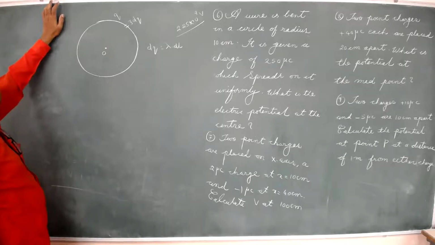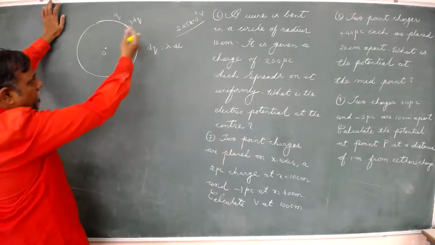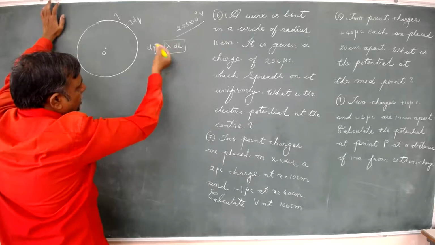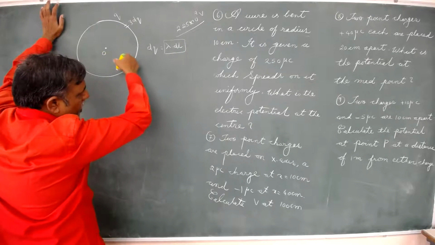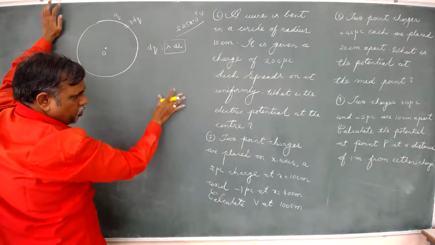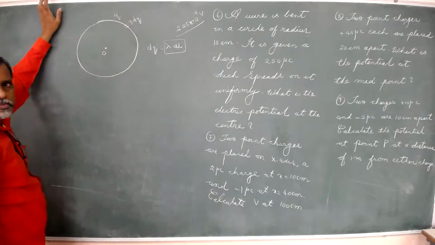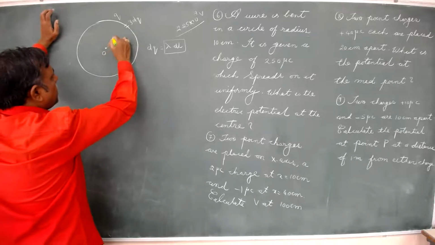Otherwise, only dq you take. And if you get confused with lambda into dl, and in the integration total dl is 2 pi r, so if you feel that 2-3 steps extra will come, dq will do, no problem. Okay, so this is at a particular distance r.